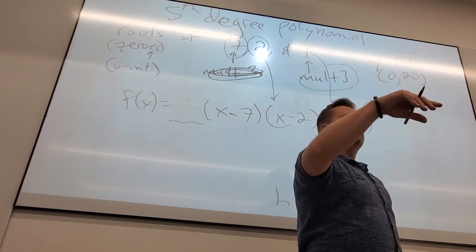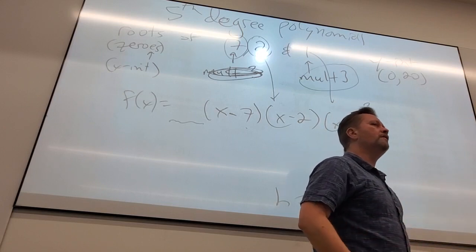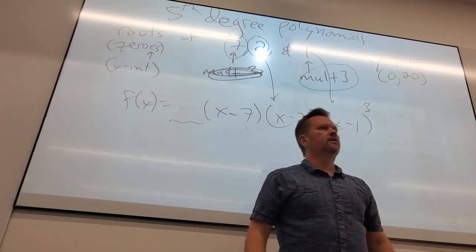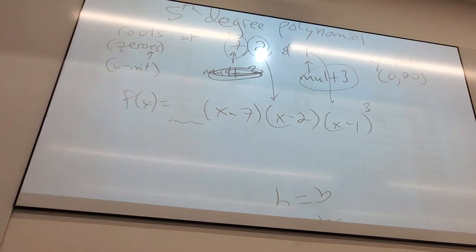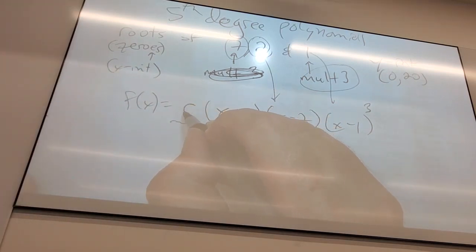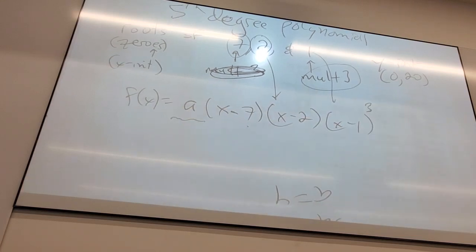So is this the answer? No. It does everything else fine. It just doesn't make the intercept (0, 20), right? The concrete way to do this is to say there's a number here, I don't know what it is, so I just pick a letter to represent it, a. We're past algebra, so if there's something I don't know, I just call it a letter and do stuff.